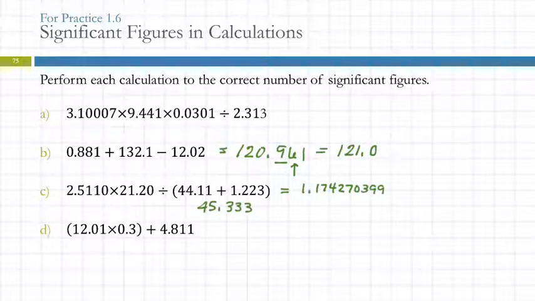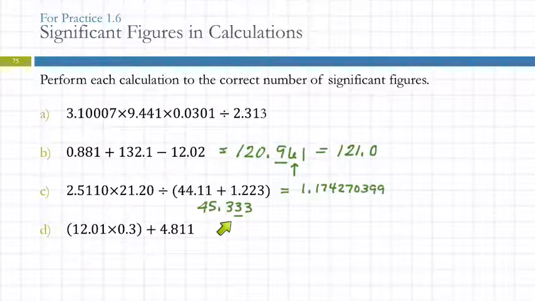That's what my calculator tells me. I apply the rules for adding, subtracting, counting decimal places. So this one has 2 decimal places, this is 3. 2 is the smaller one, so this number would be rounded to 2 decimal places. Doesn't matter how many sig figs it has, 2 decimal places.